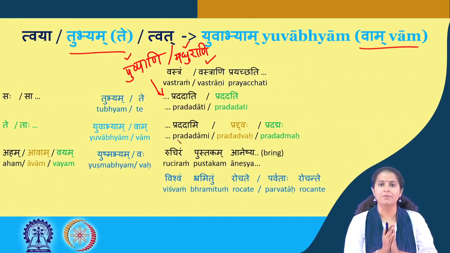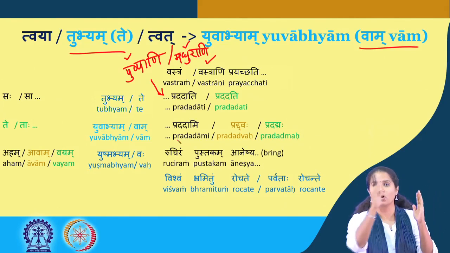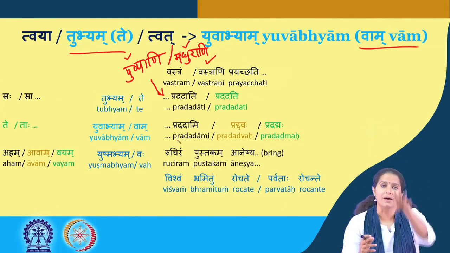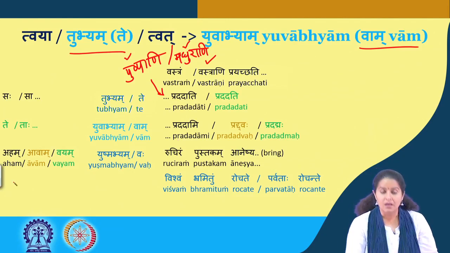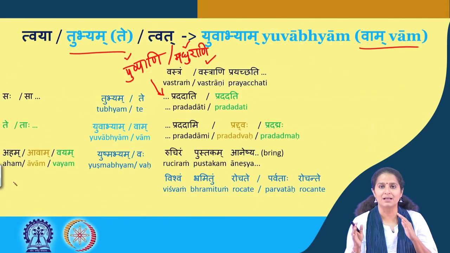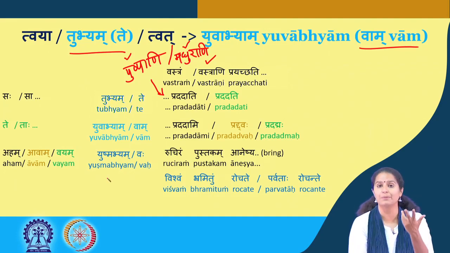and what you need to remember is always who is the subject. The verb will do an accord with that, no matter what the numbers are in the middle. So for example, when we are saying aham, the verb will necessarily get pradadami. Don't allow yourselves to get confused with the number of people you're giving it to, because you can be giving it to a single person, to two people, or to many people.